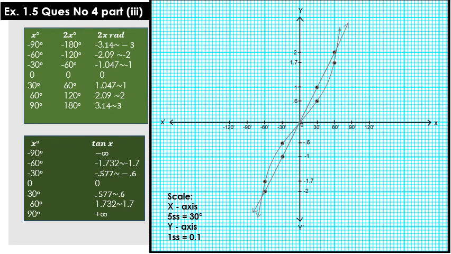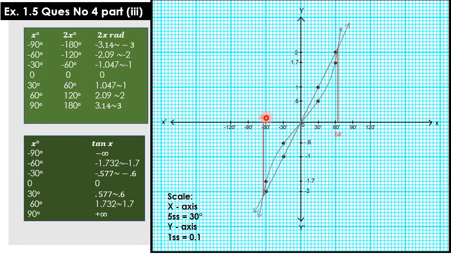This is the graph. And what is the next step? We have to find the solution. So mark this intersecting point and draw a vertical line till the x-axis. Mark this intersecting point and draw a vertical line till the x-axis, and also this point 0. This is also an intersecting point. So what do we see?